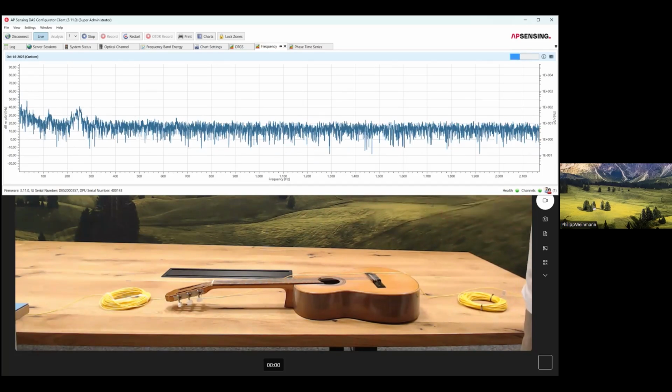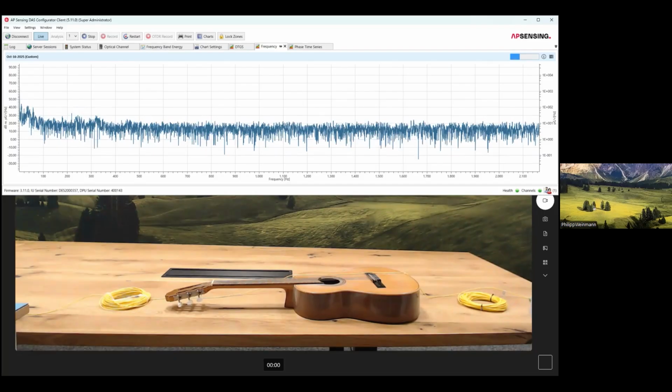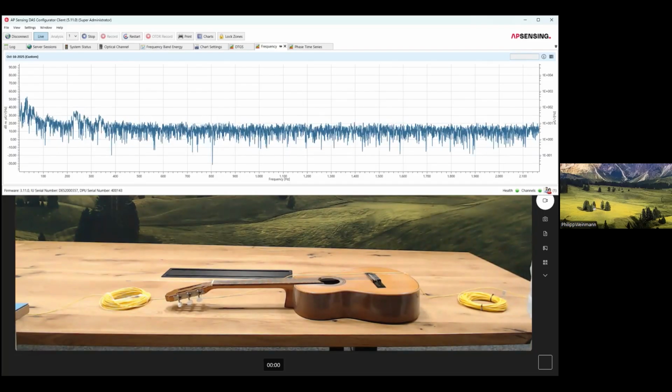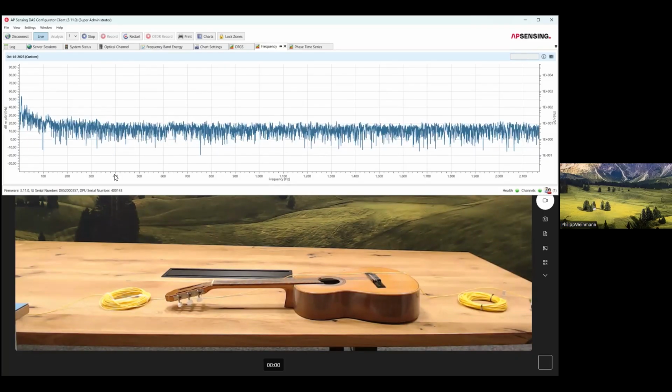So my assumption is that the phase time series is showing a periodic signal indicating the vibration of the guitar. To that end, I am switching to a different chart.